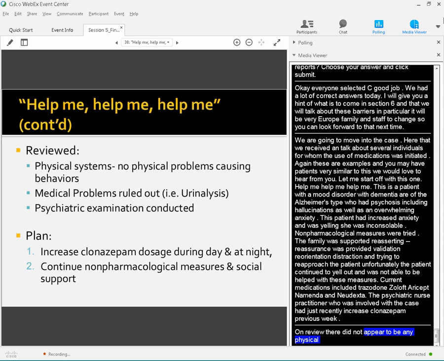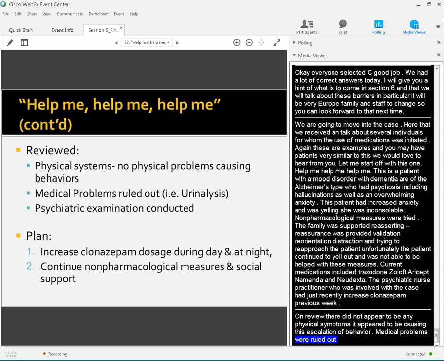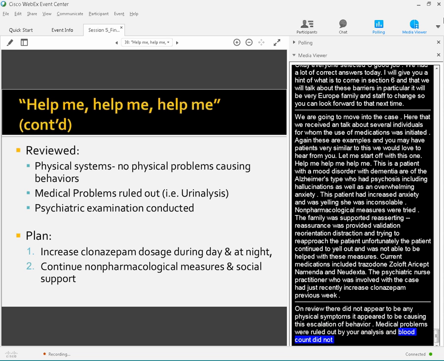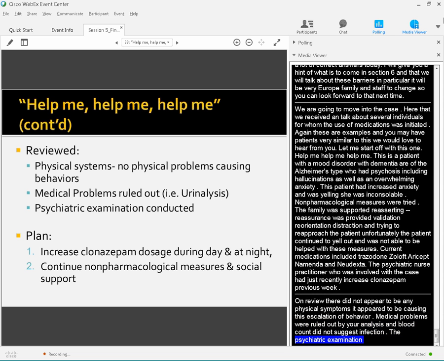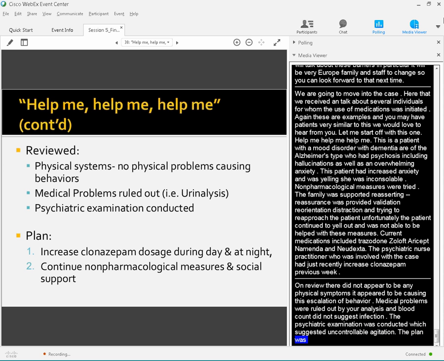Medical problems were thought about. A urinalysis, a blood count did not suggest infection. The psychiatric exam was conducted, which suggested uncontrollable agitation. The recommended plan with psychiatric consultation was to increase the clonazepam dosage and to continue non-pharmacological measures and social support.